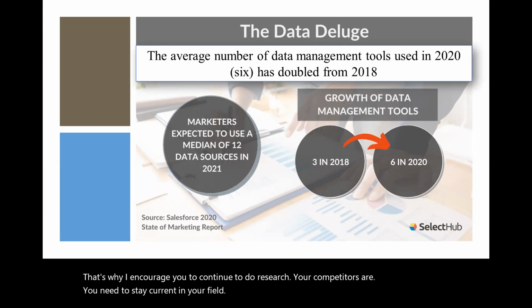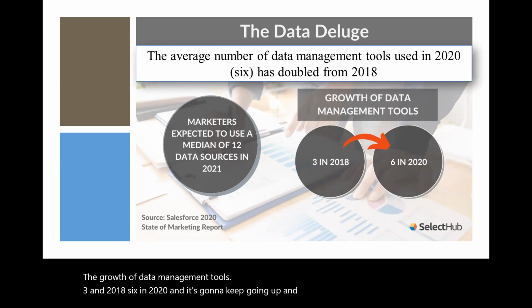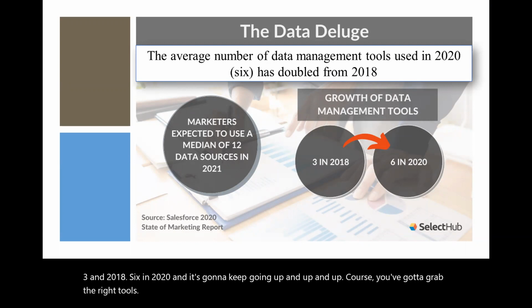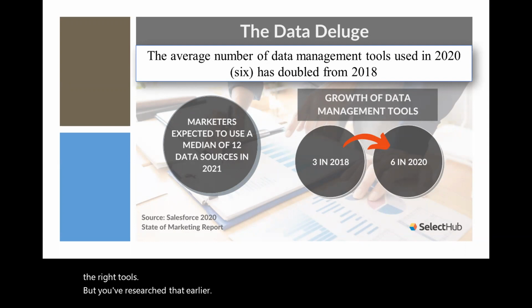The growth of data management tools: 3 in 2018, 6 in 2020. And it's going to keep going up and up and up. Of course, you've got to grab the right tools, but you've researched that earlier. Got to grab the right tools because there's plenty of information out there, but not all information is equal.